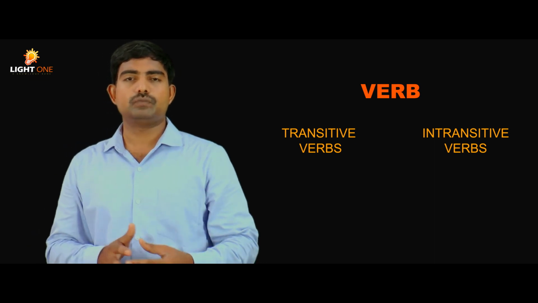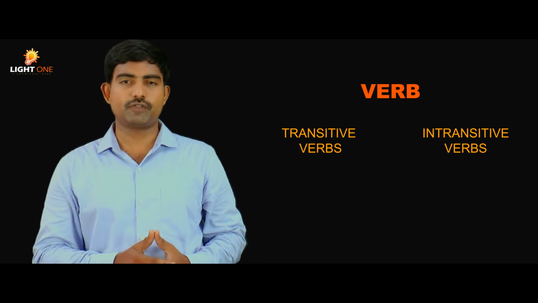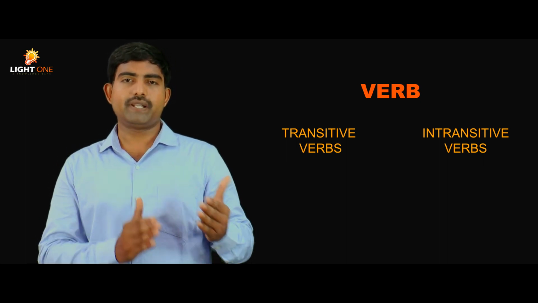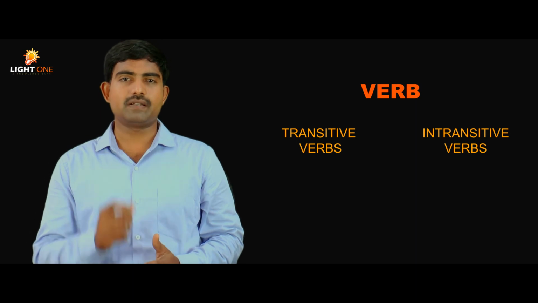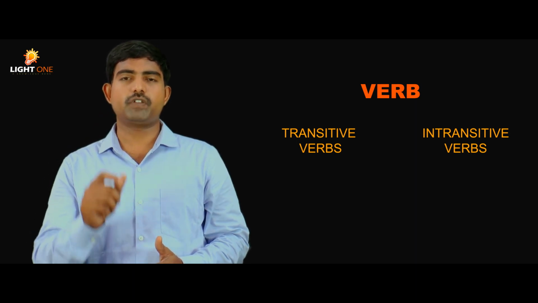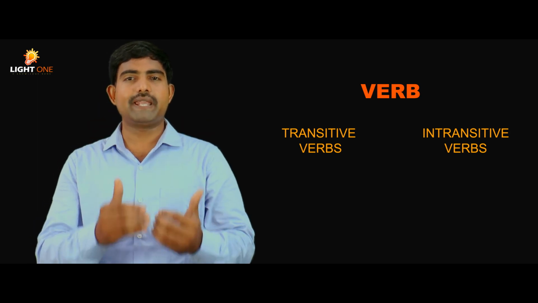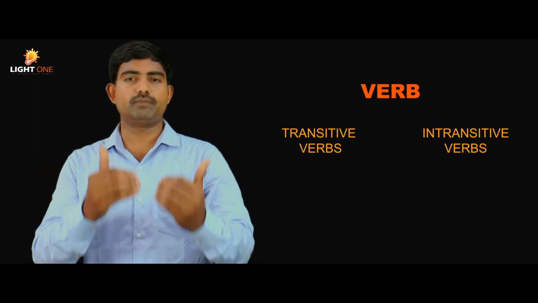Let me tell you an example for a transitive verb. For example, he played cricket. Here, played is a verb which takes an object. So, if a verb takes an object, it is called a transitive verb.